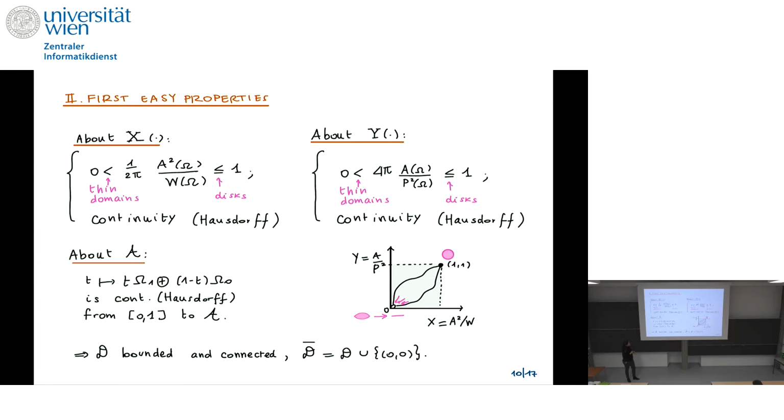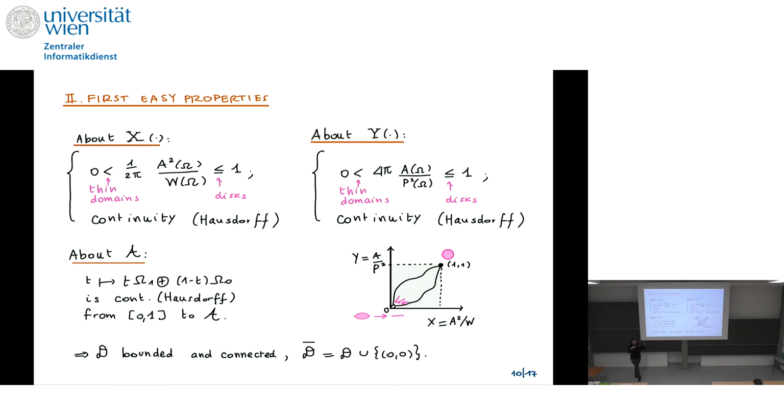Moreover, if you look at this element of the class as a function of a parameter t, which varies in 0, 1, so you take a sort of convex combination, convex Minkowski sum, you obtain a continuous curve in A. So given two shapes, you are connecting them with a continuous path in the class of shapes.